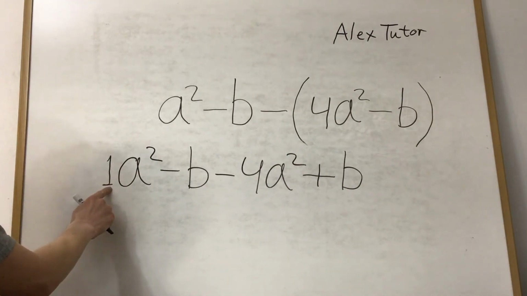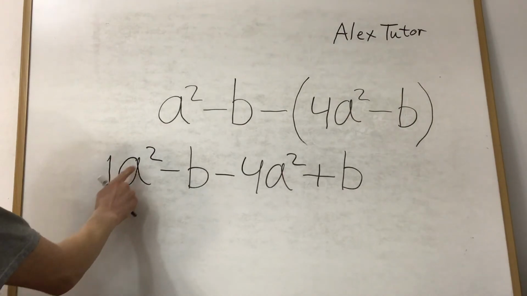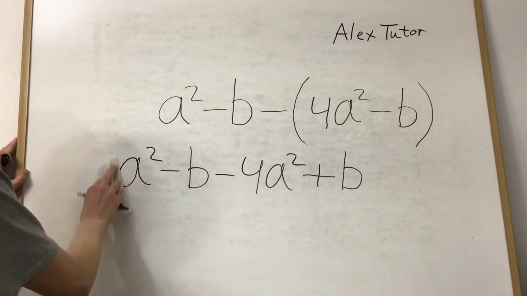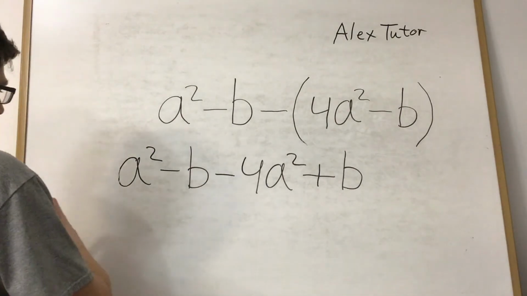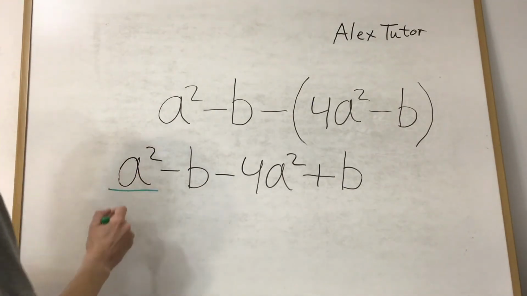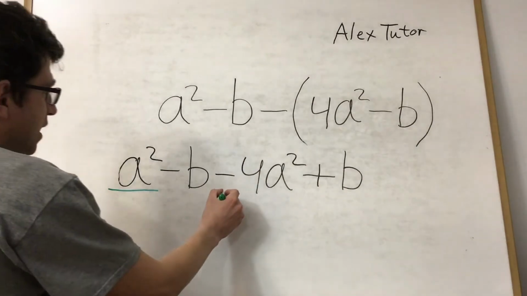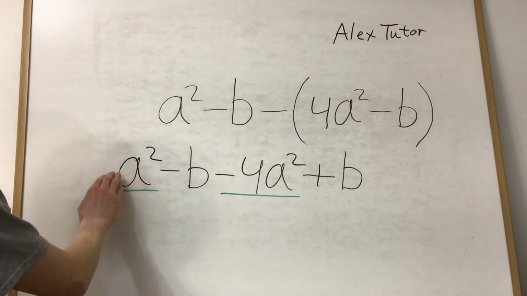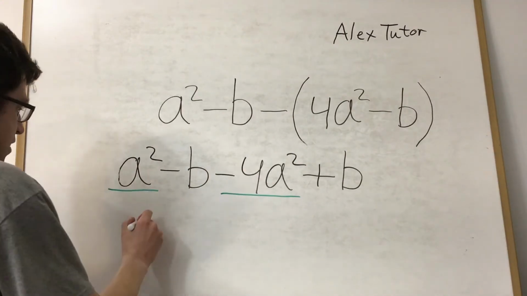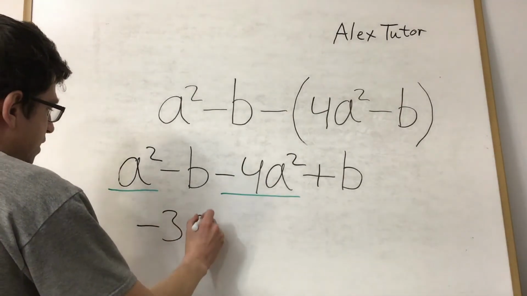So this 1, usually I do not write it, but it's self-understood that it's 1a squared. So those are like terms. 1a squared, which is a squared, and negative 4a squared. So how much is 1 minus 4? It's negative 3. Negative 3a squared.